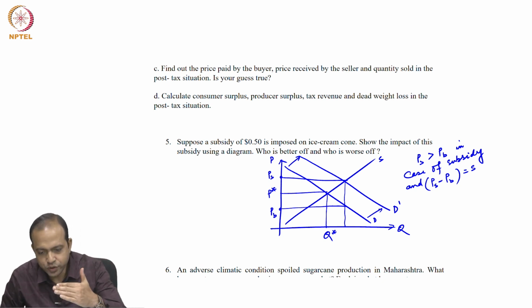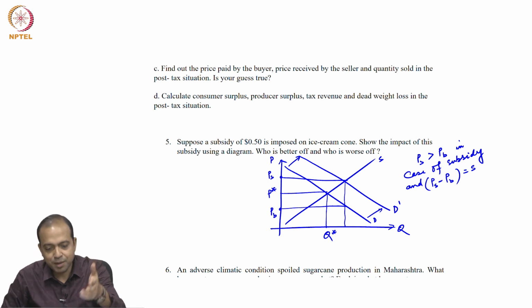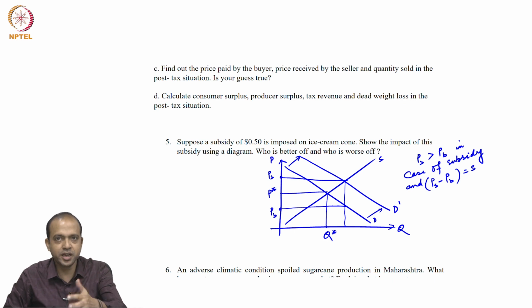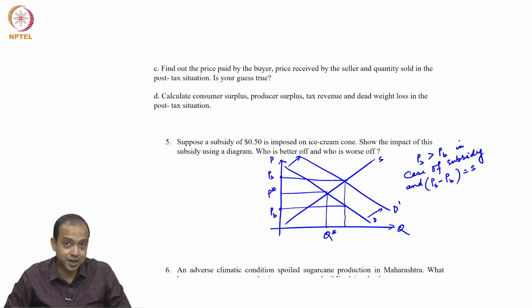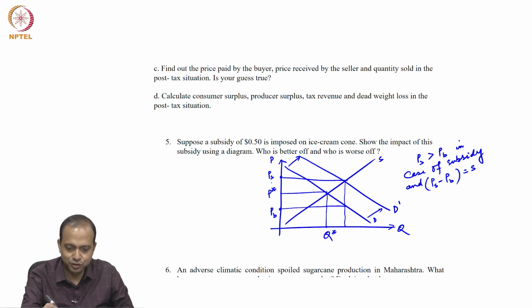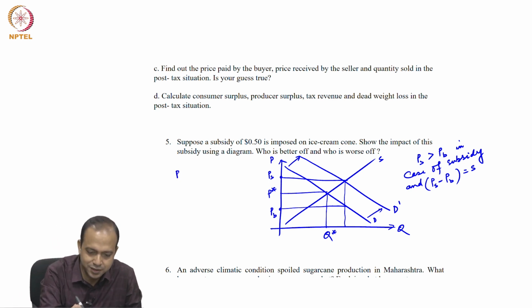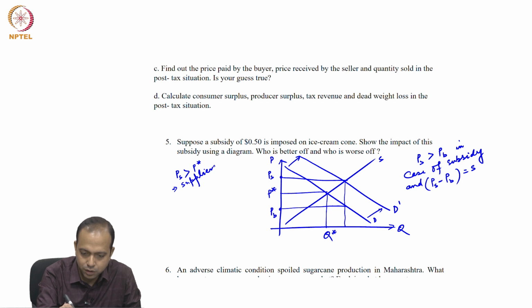Okay. So, who is better off here? Suppliers are better off, because they are getting a price which is higher than the equilibrium price they were receiving earlier. So, PS is greater than P star, so suppliers are better off.